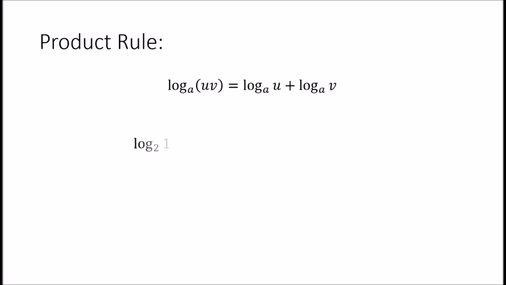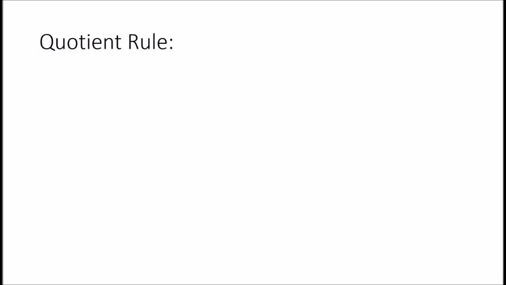So if we have the log base 2 of 14, we could split that out, since 14 is the product of 2 and 7, into the log base 2 of 2, which we know is 1, and then the log base 2 of 7. The quotient rule is basically just the product rule with one addition.